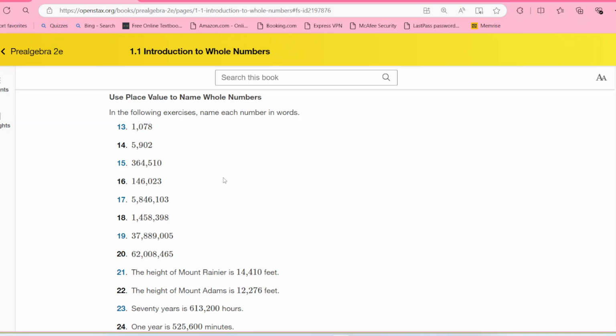I have also put out videos where I read through the section and did example problems and try-it problems related to each objective from this section. So I'm assuming that you have seen those or that you've read the section, especially this heading, use place value to name whole numbers. So this won't be a lesson. It's just going to be applying the lesson from earlier to answer some questions.